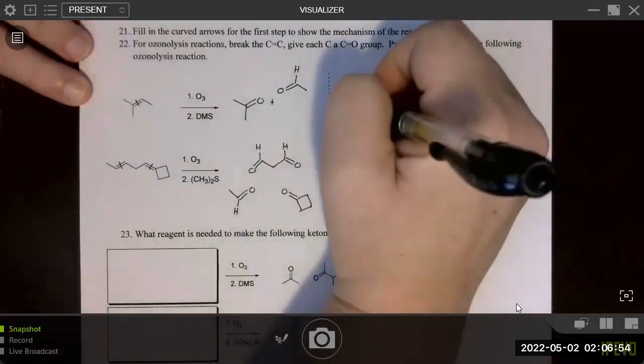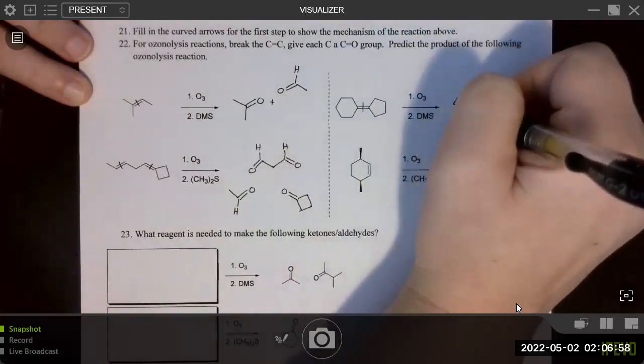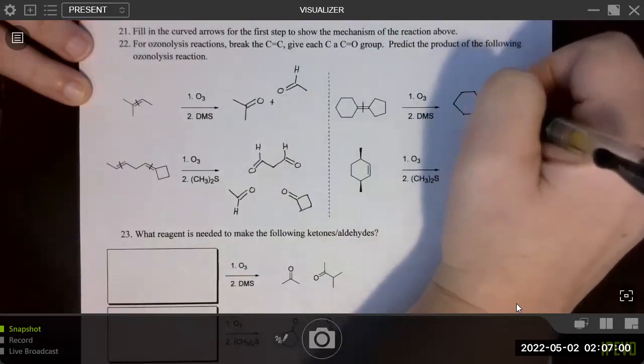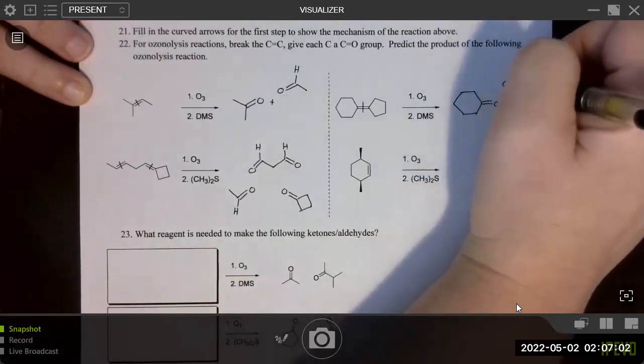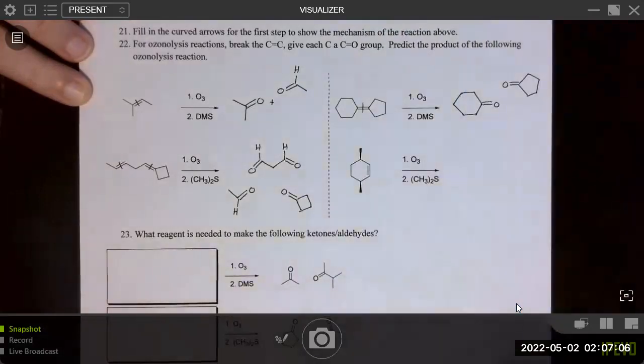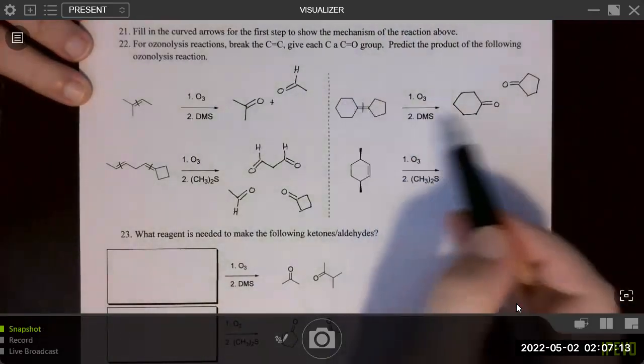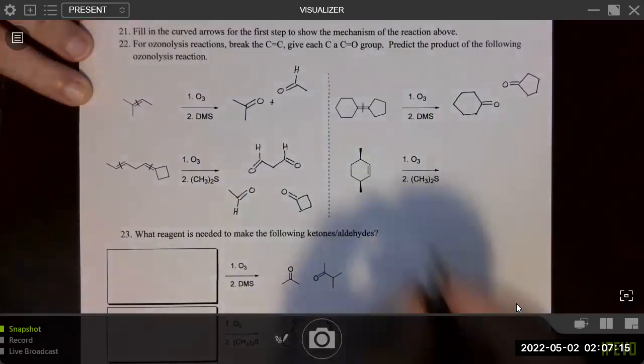And here, because of the tetrasubstituted alkene, we end up with two ketones.